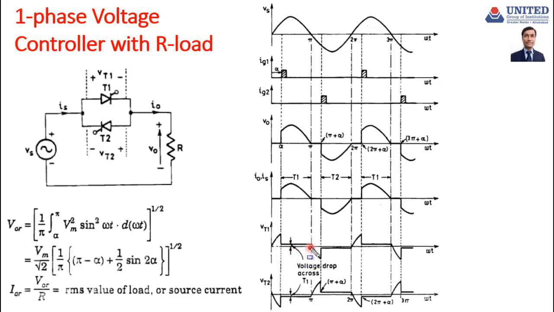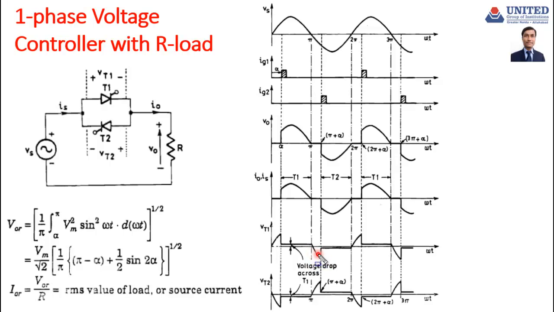After pi T1 is reverse biased by the source voltage, therefore the voltage across T1 will be equal to Vs from pi to pi plus alpha.